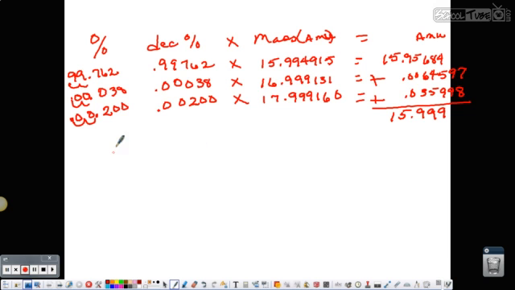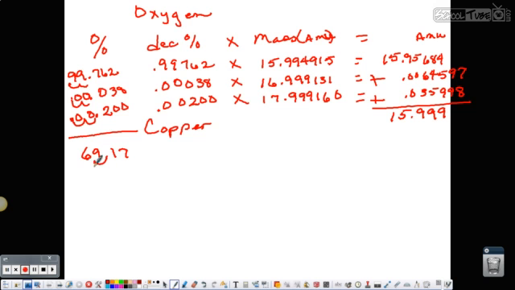Now the next thing I'm going to do is copper. So this was oxygen, and this is copper. When I look at copper, the percentage that's given is 69.17.